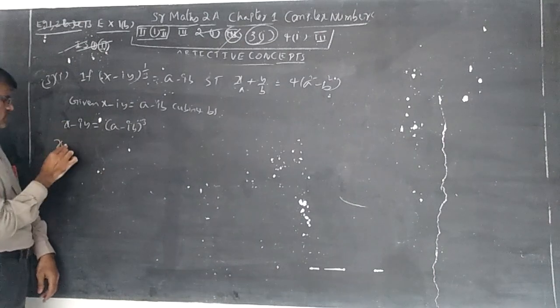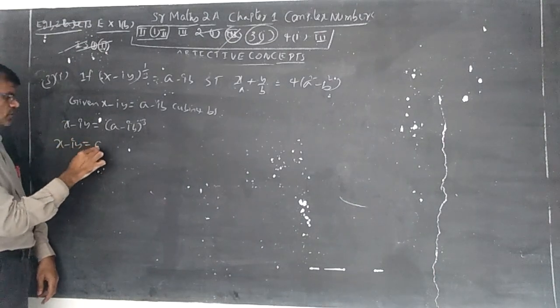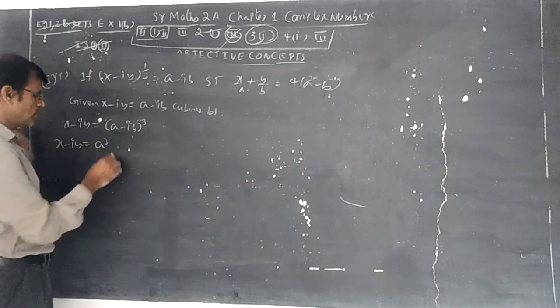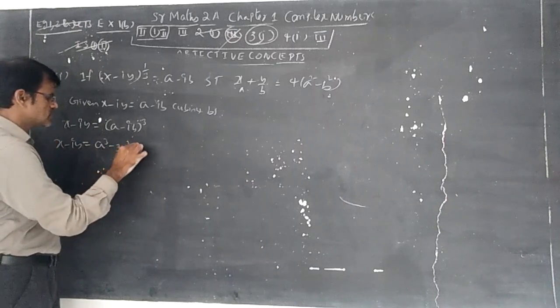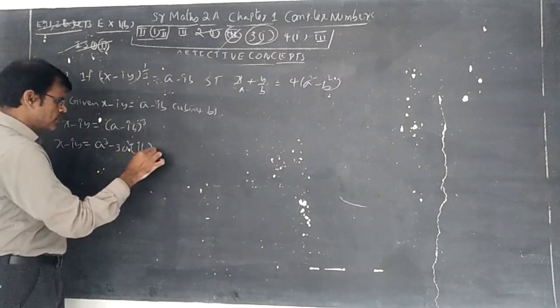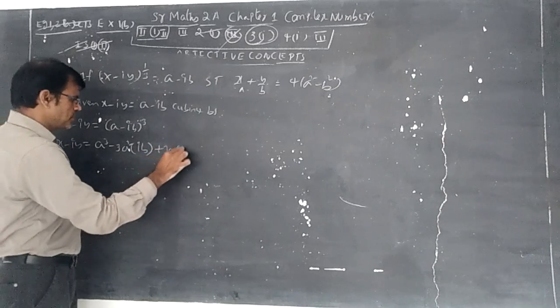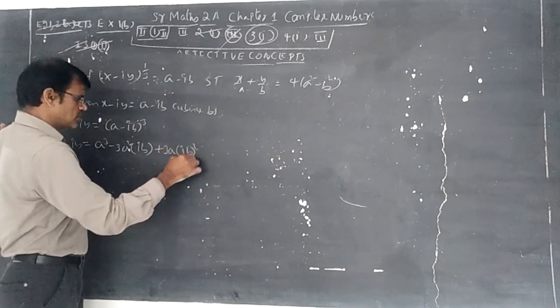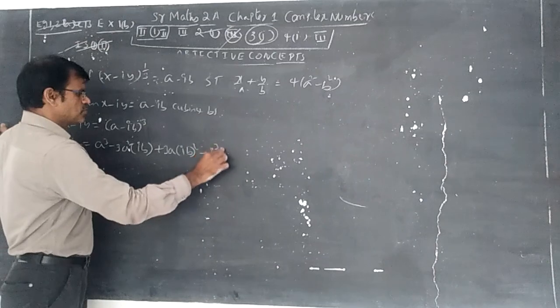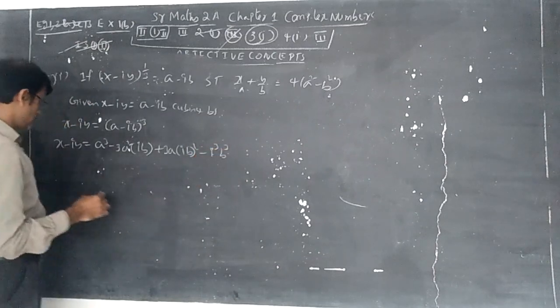So x minus iy is equal to, write the formula, a cube minus 3a square (ib) plus 3a (ib) square minus (ib) cube.